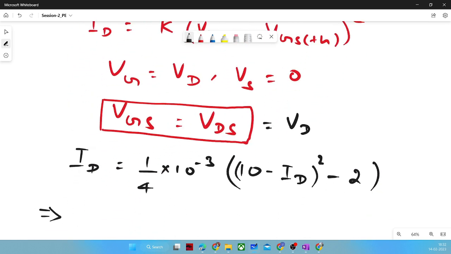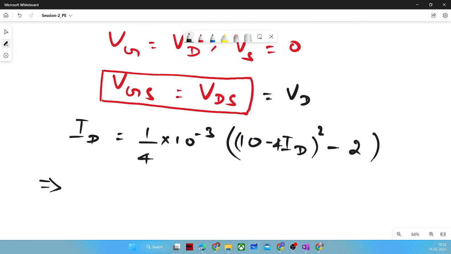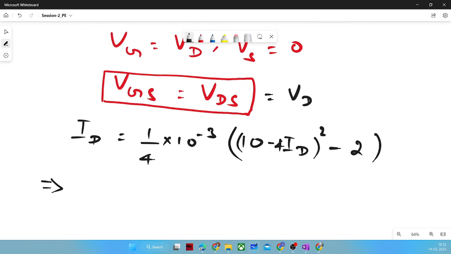Sorry, it is equal to 4ID. This is for the square, no? It is not for 10 minus 4 ID alone. This is for (10 minus 4 ID minus 2) the whole square, no? Yeah, you are correct. Sorry for the mistake. Here you can square it.